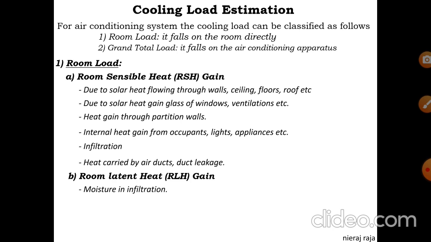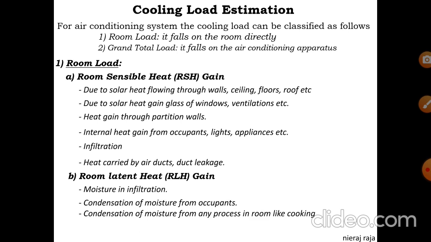So ultimately the latent heat increases somewhat. Depending upon the number of occupants in that room, the condensation of moisture will also increase, and that will further add to the latent heat gain.